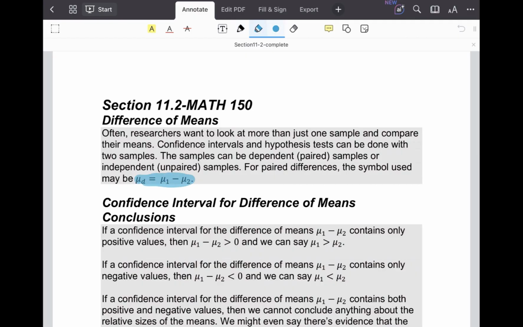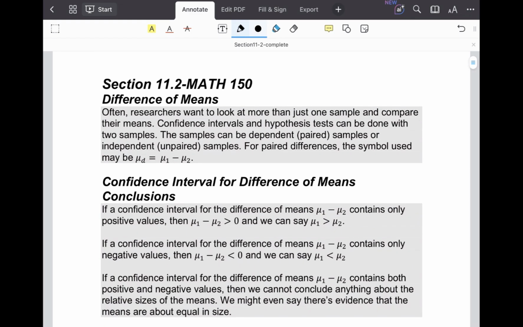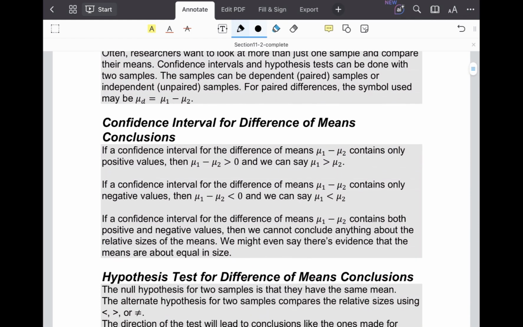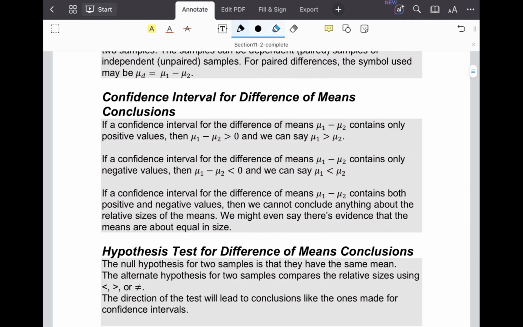Mu d will stand for mu1 minus mu2, and it's just a symbol that's often used in the paired difference of means. Now this one here, this is the same as from the difference of proportions. So if it is all positive, then we can take mu2 to the other side, say mu1 is greater than mu2.